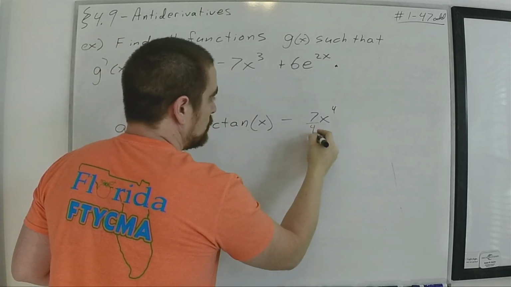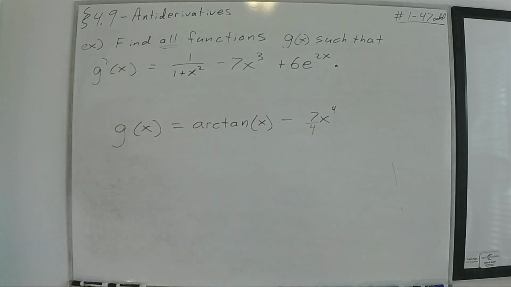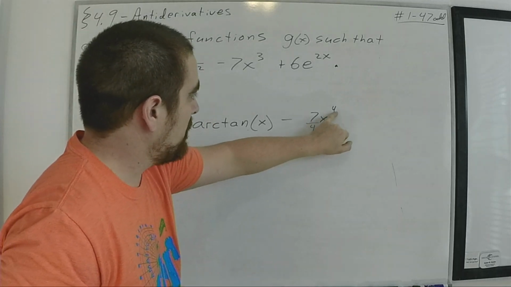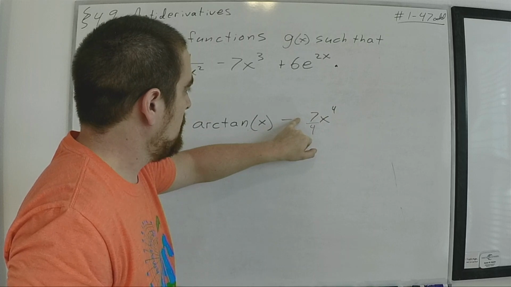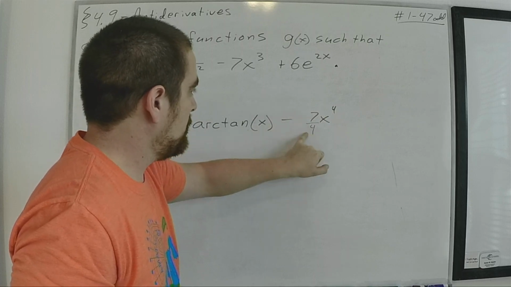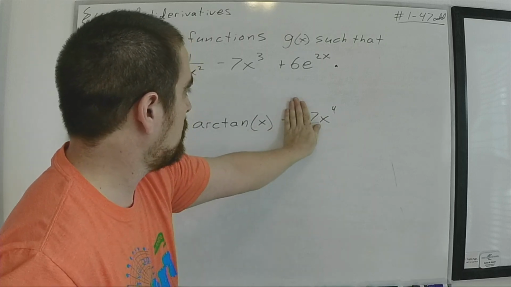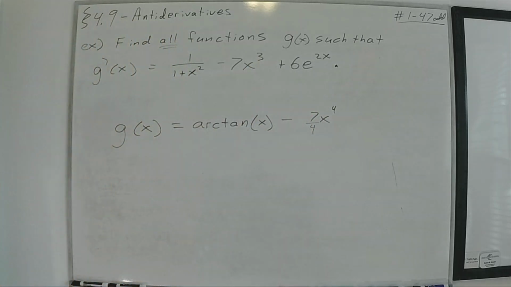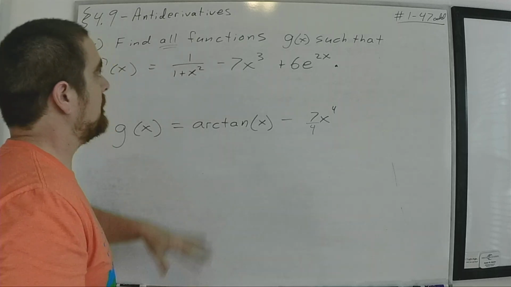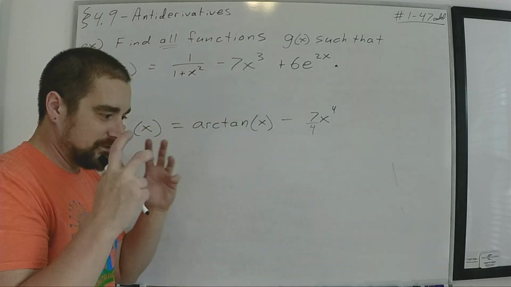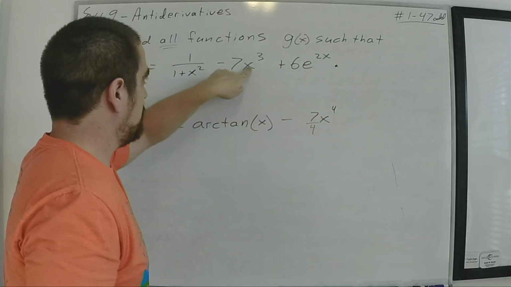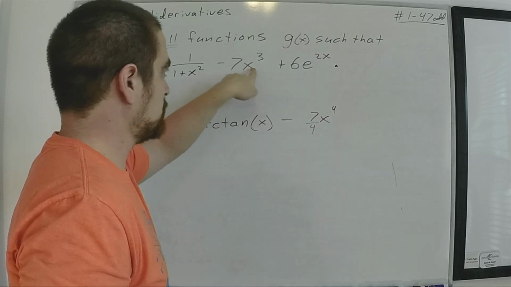So rather than multiply by that new power, I need to account for division of that power so that when that 4 comes down as a multiple and I differentiate, the 4 and the division by 4 cancel each other out, and I get 7x to the 3rd power when I reduce that power thanks to power rule. So we do have to be careful. And again, right now we're just massaging our brains so that we write something down and then differentiate that thing to make sure that we're getting what we actually want.